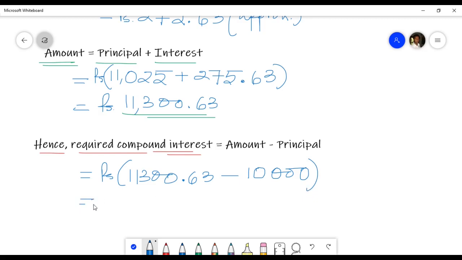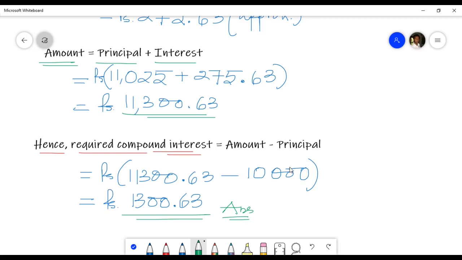So when you subtract, 11,363 paise minus 10,000, we will get the compound interest as rupees 1,363 paise. So this is the compound interest for 2.5 years, rupees 1,363 paise. I hope you have understood it.